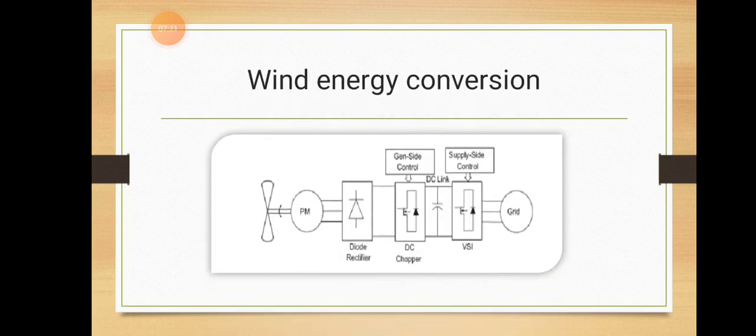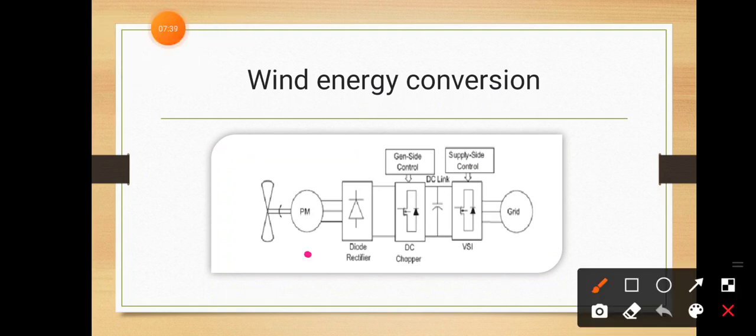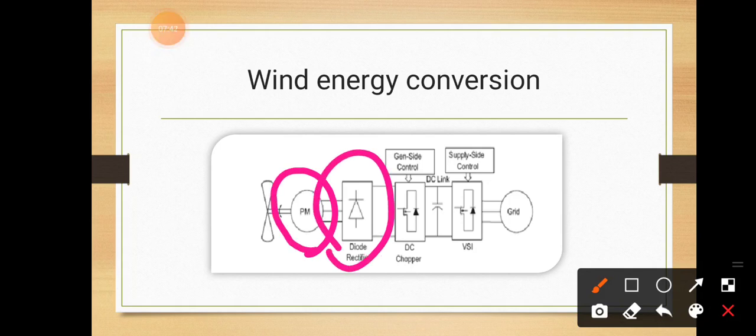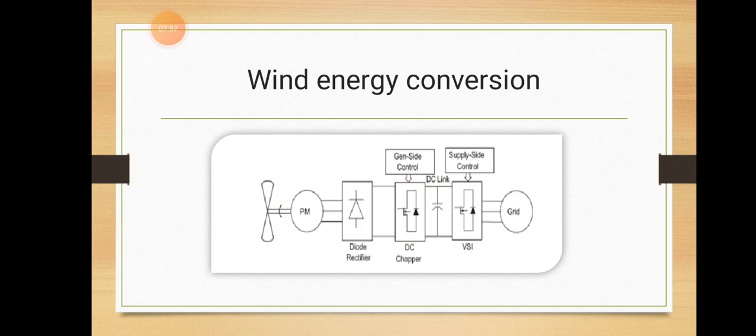The next place where the DC chopper plays a role is wind energy conversion. Here the wind is converted into electrical energy. They use a diode rectifier and a DC chopper. This is the prime mover, and this is the rectifier, where the input from the prime mover is rectified, and then the rectified voltage is given to the DC chopper, where it is controlled as required for the grid.